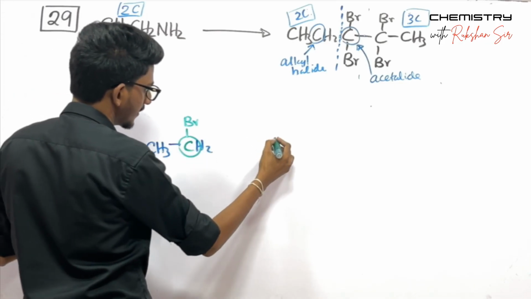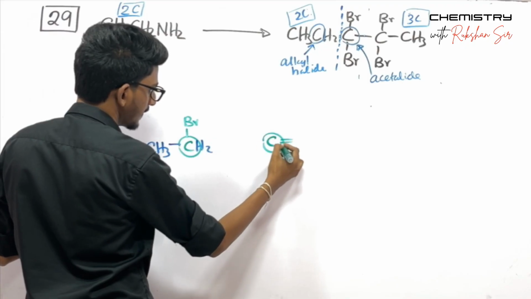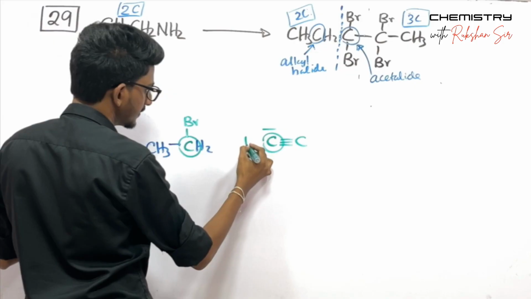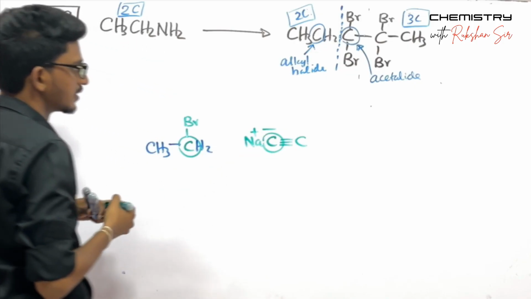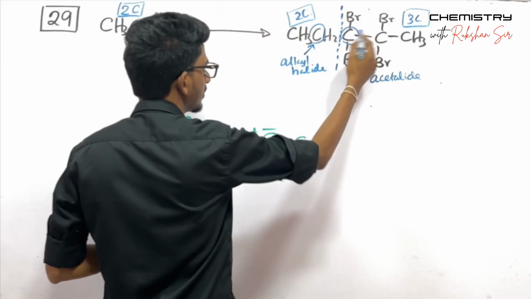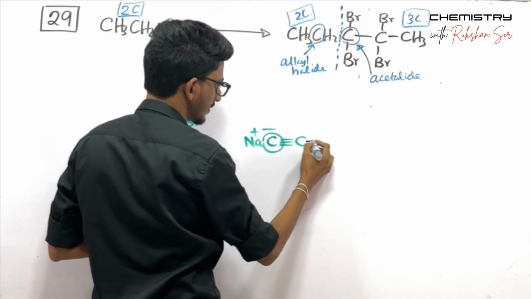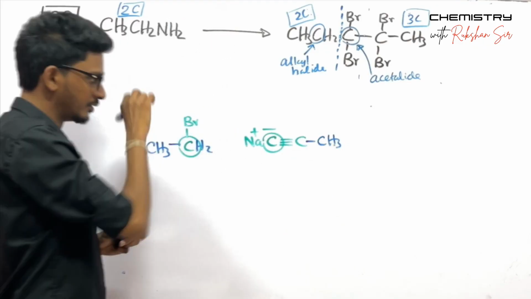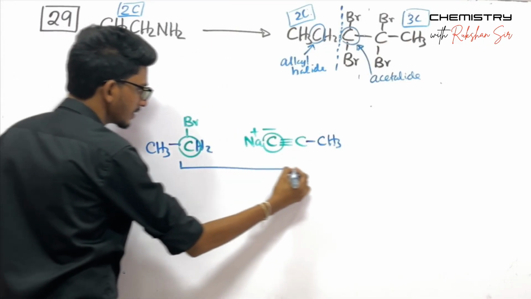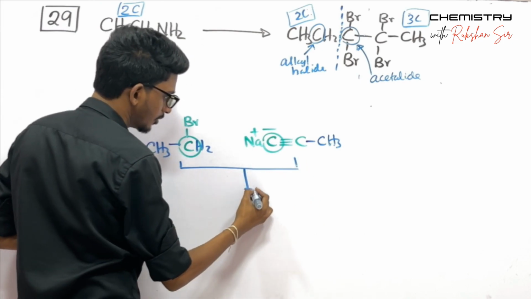And this is the terminal alkyne section. So these two carbons will be represented by this, right? And one R group is there, one CH2. So if you have to connect these two guys, yes, the carbon skeleton will be formed.